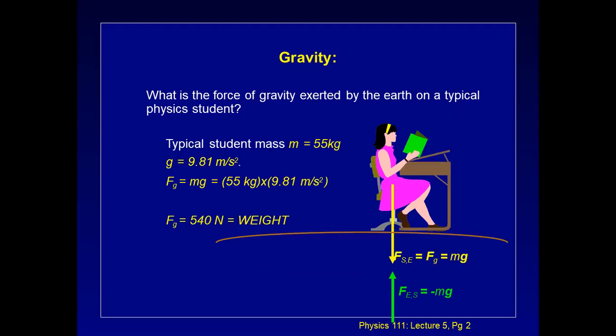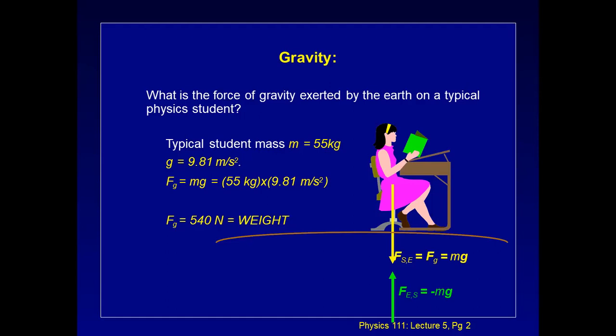Gravity. Here is an example of how to calculate gravity. What is the force of gravity exerted by the Earth on a typical physics student? We have the following parameters. The mass of the student is equal to 55 kilograms. The Earth's gravitational constant is equal to 9.81 meters per second squared.